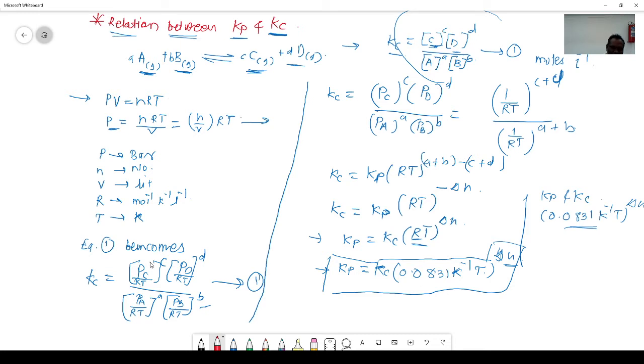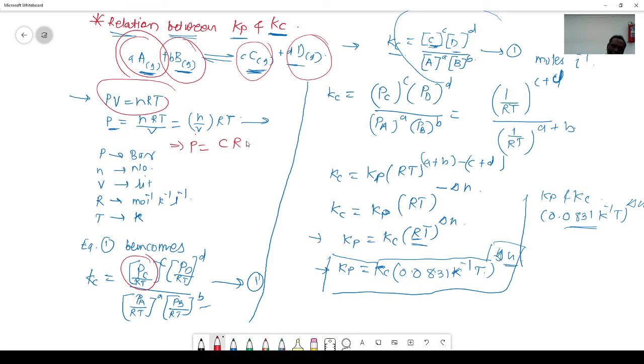We have taken the ideal gas equation, where A and B, C and D are the ideal gas molecules, then P is equal to N divided by V RT, that is P is equal to CRT. What is N divided by V? It is the number of moles divided by volume. Yesterday we calculated this while solving the problem. That is the concentration term.